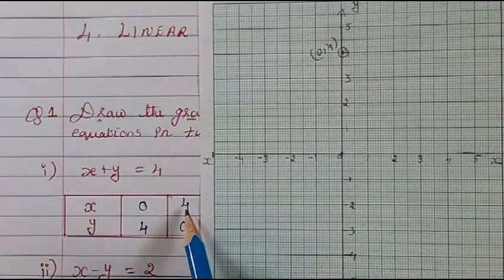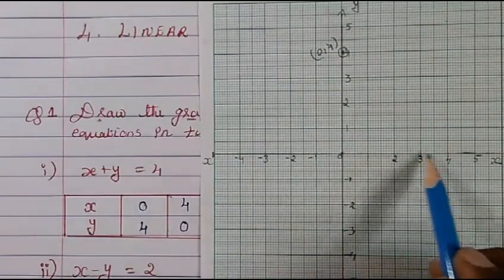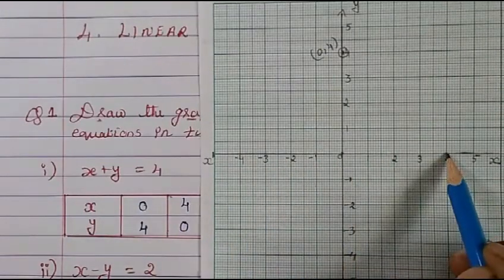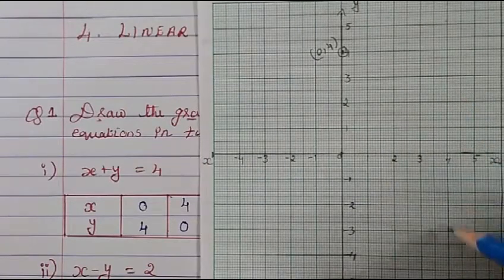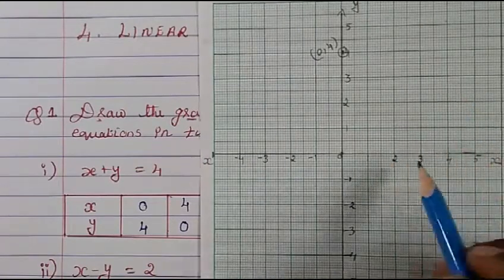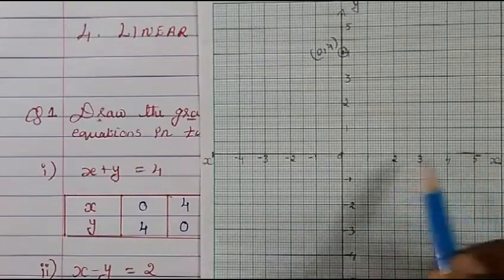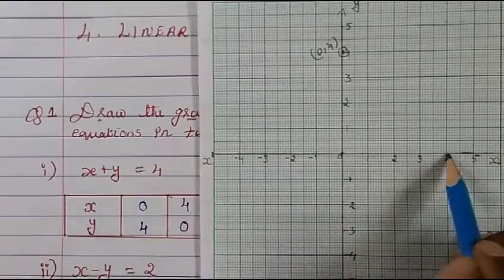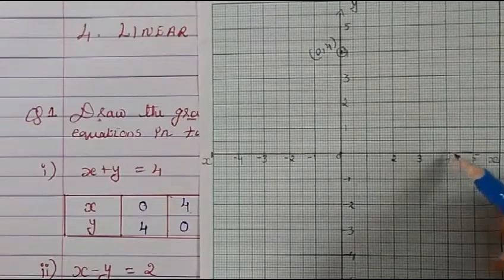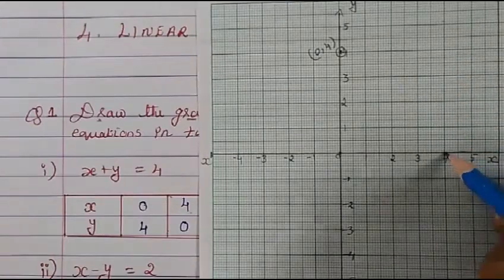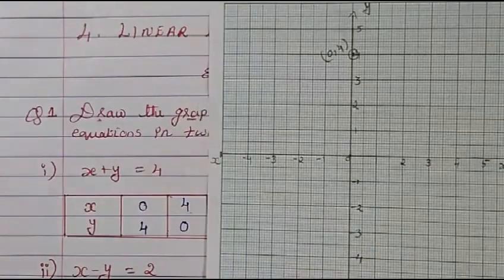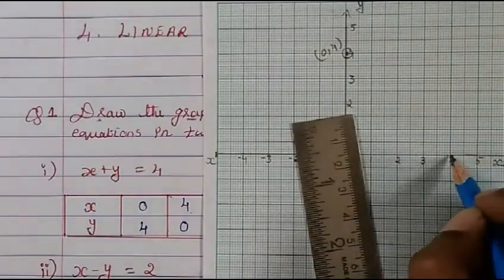Next, x is 4. So on x, where is 4? 4 is here. And on y it is 0. The x axis is a horizontal line, so that is 4. So 4 comes here, and this is our x point, right?